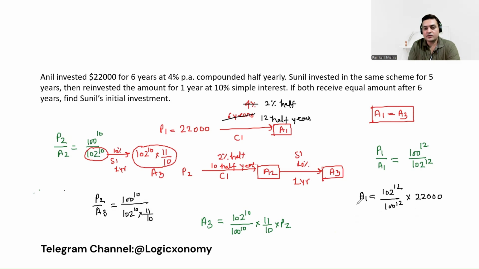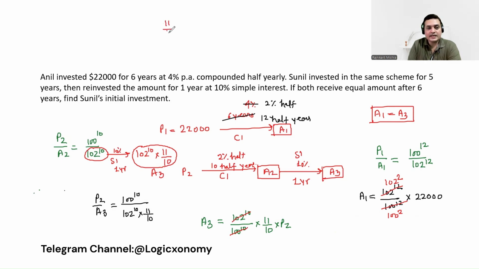As we know, A3 is equal to A1, so make them equal. 102 to the power 10 and 102 to the power 12 cancel, 102 square is left. 100 to the power 10 and 100 to the power 12 cancel, only 100 square is left.